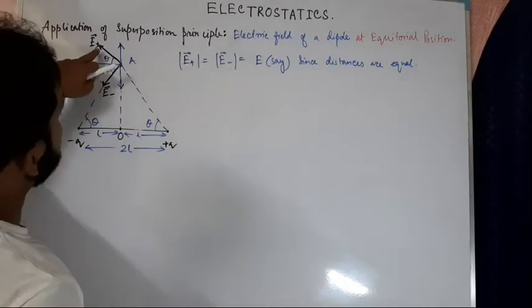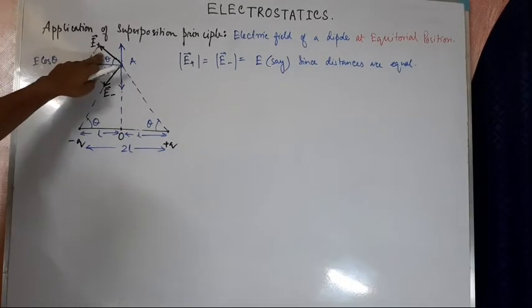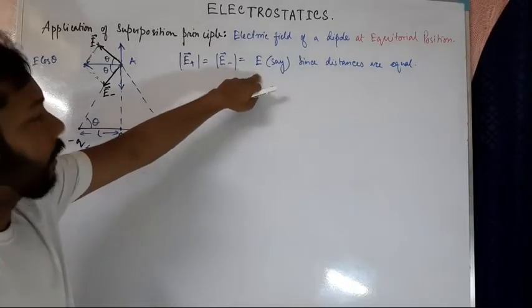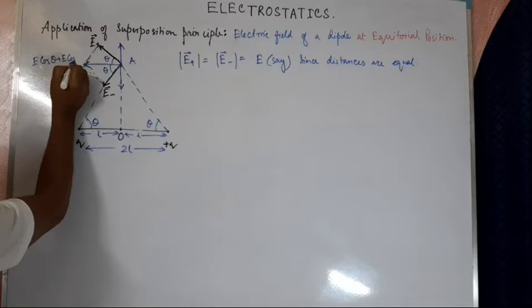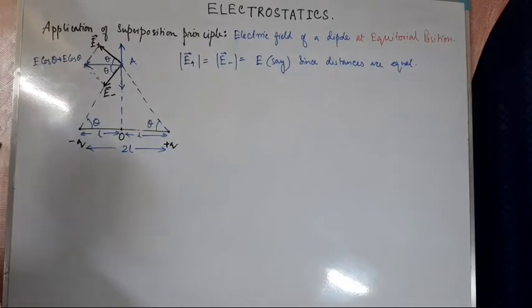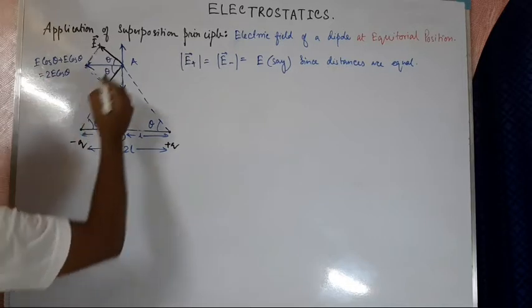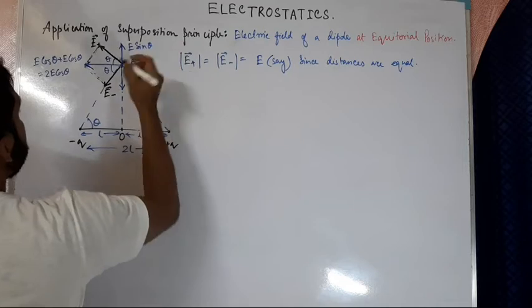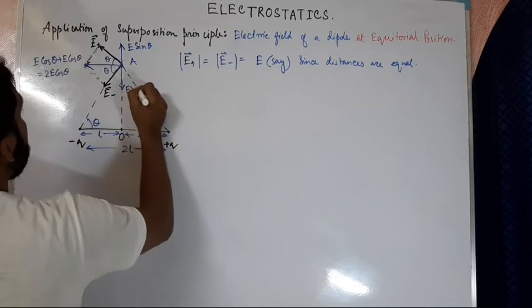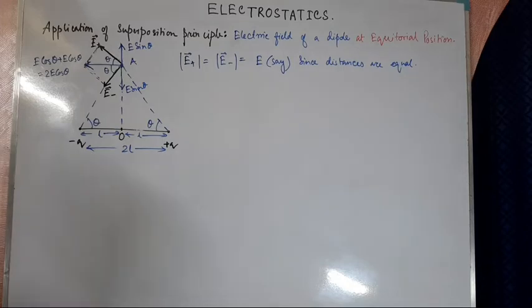And also the horizontal component for the E positive, which also has the magnitude E, will again be E cos theta, so it is 2E cos theta. The two vertical components, E sin theta and E sin theta, are equal and opposite, so they cancel out each other.